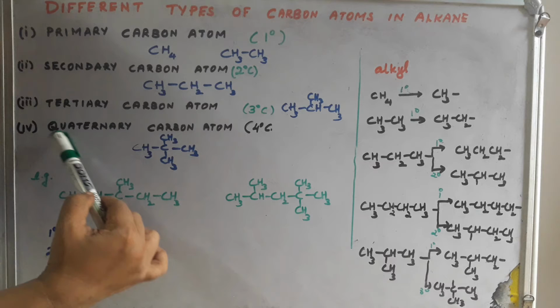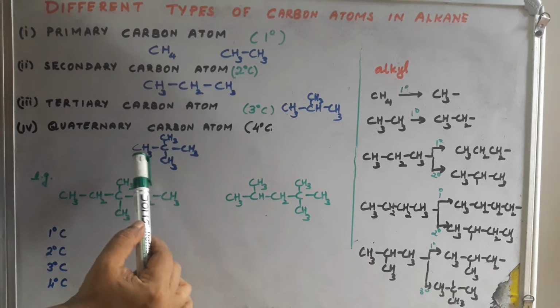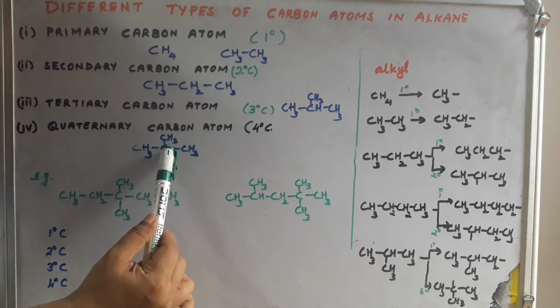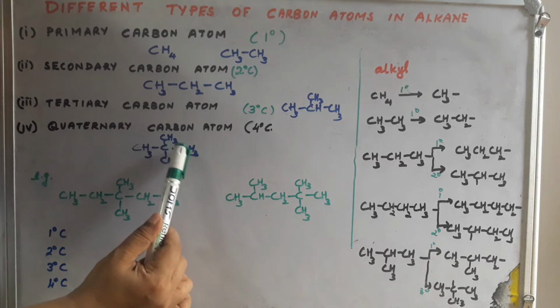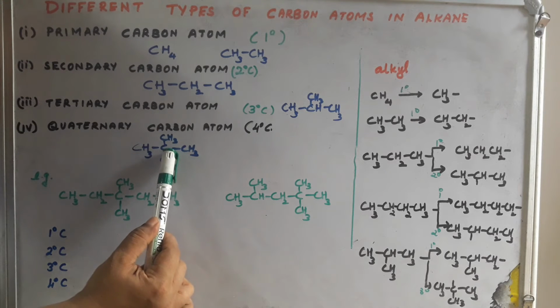Now move on to the fourth one, the quaternary carbon atom, 4 degree. This carbon which is linked to four other carbons is called quaternary carbon. So it is linked to the four other carbons. This center carbon is called quaternary carbon.